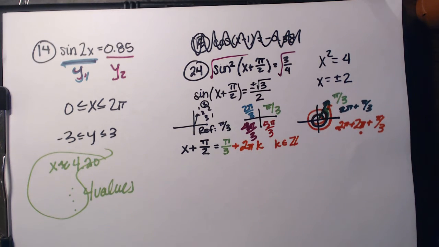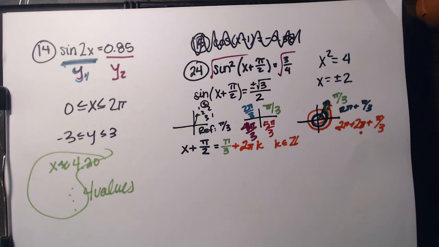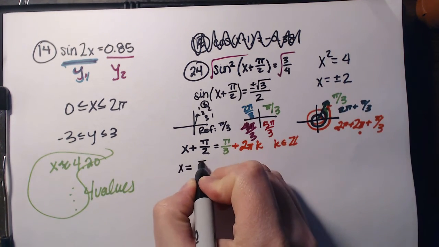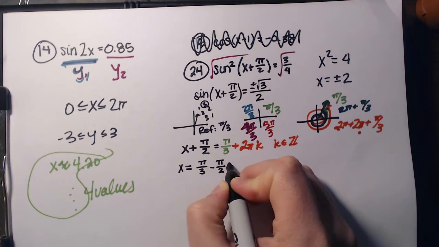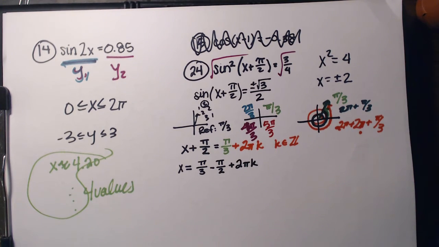That's what that's saying, k has to be an integer. So once I'm here, I'm going to subtract pi halves from both sides. So I'm going to take my pi thirds angle, subtract pi halves from it, and still have the 2 pi k.